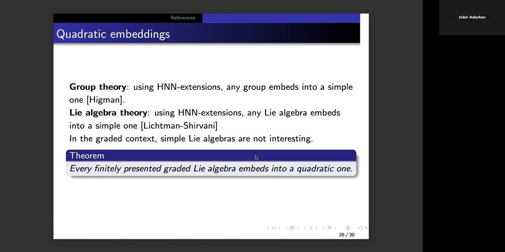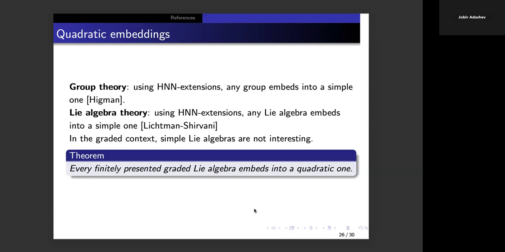And the problem for graded Lie algebras is that no non-zero Lie algebra is perfect. So the derived subalgebra is always different from the Lie algebra itself, because the minimal degree is 1, and the derived subalgebra is at least contained in degree at least 2 of the Lie algebra.